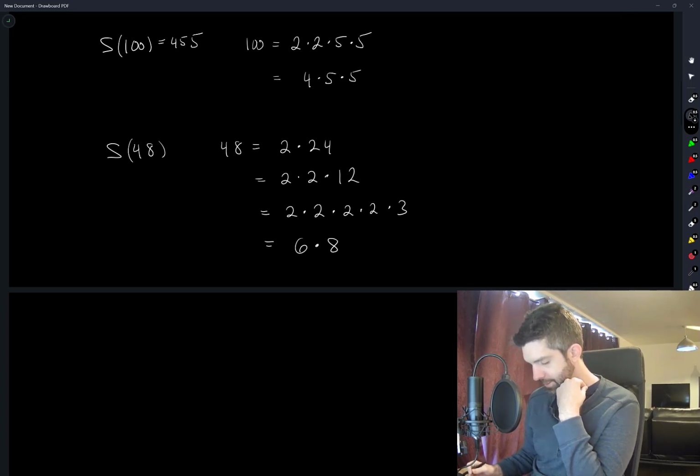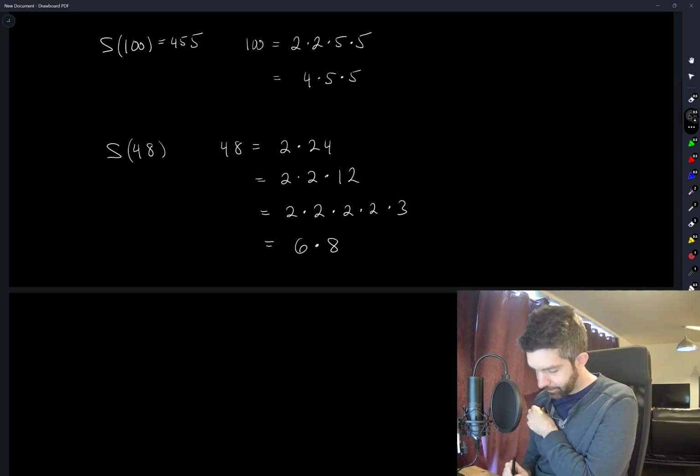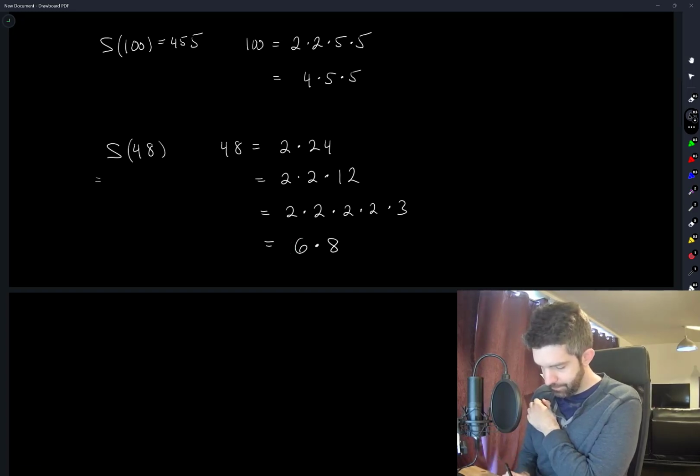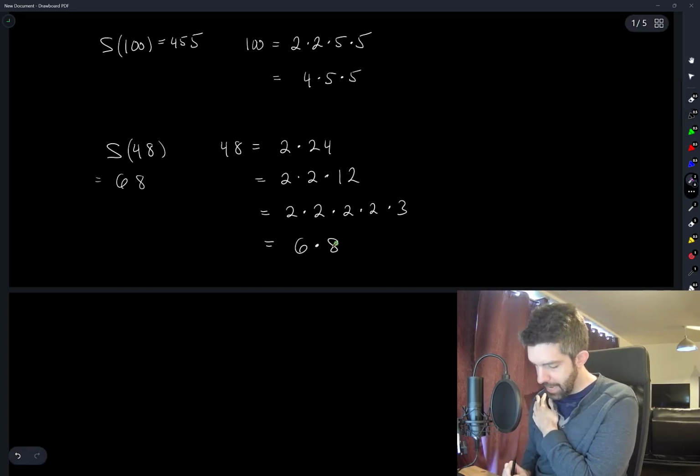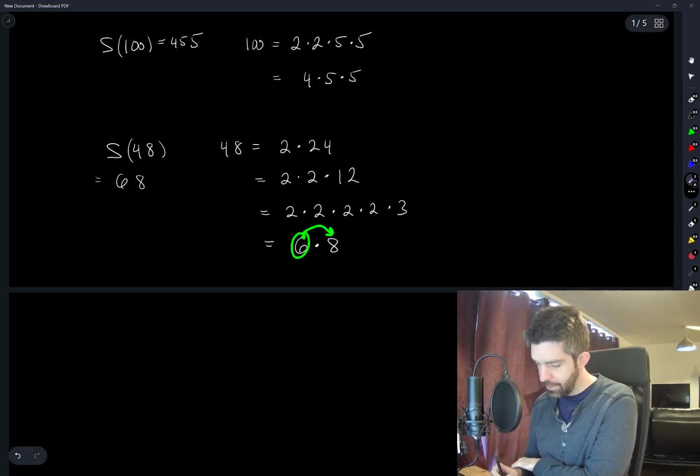And I think that's probably the smallest, because obviously 86 works, but that's larger than 68. There won't be any other 2-digit numbers that work here, I don't think, right? Because we would have to take a factor out of the 6 and put it into the 8, or the other way around, out of the 8 and put it into the 6.